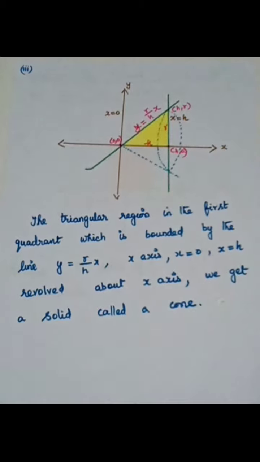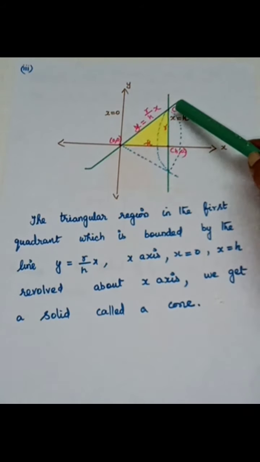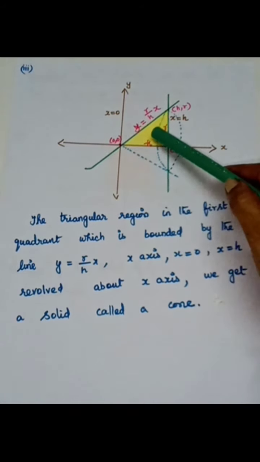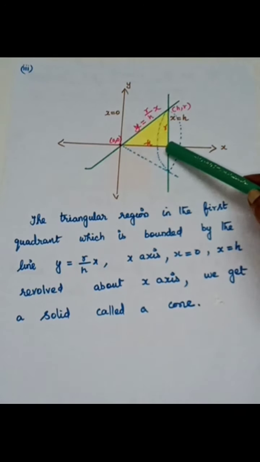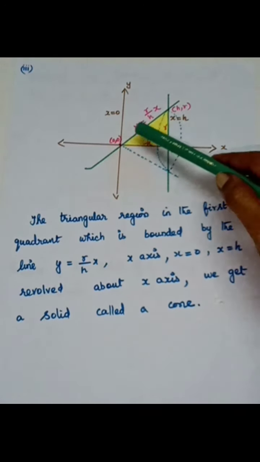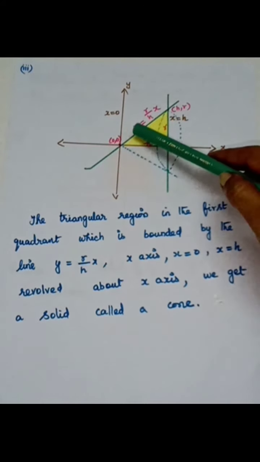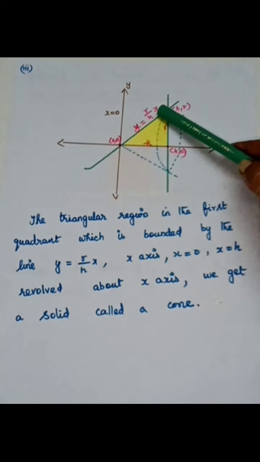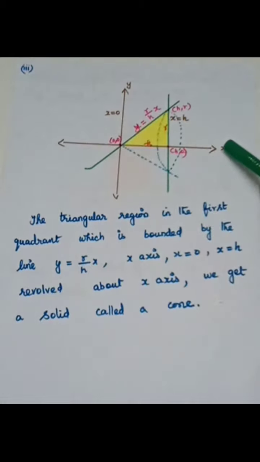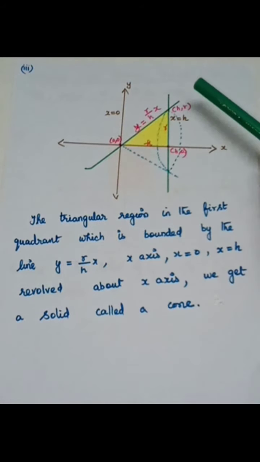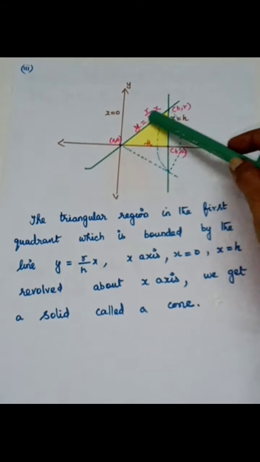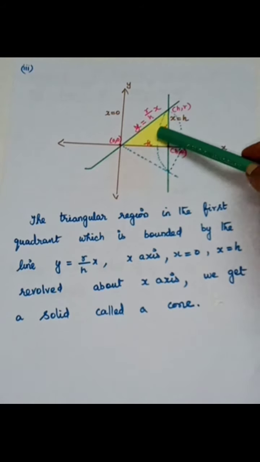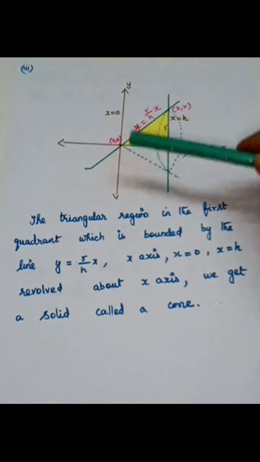And you see the triangular region in the first quadrant, which I have shaded in yellow. This triangular region is bounded by the line y is equal to r by h into x, the x-axis, and the line x is equal to h. This triangular area is revolved about the x-axis.